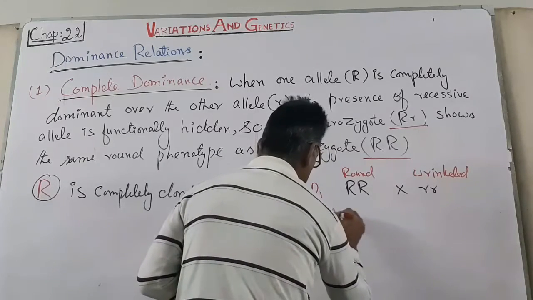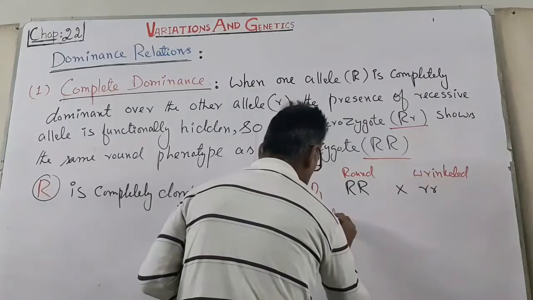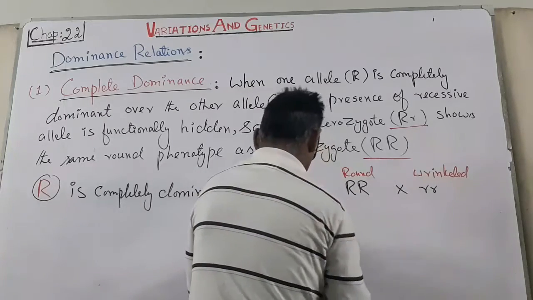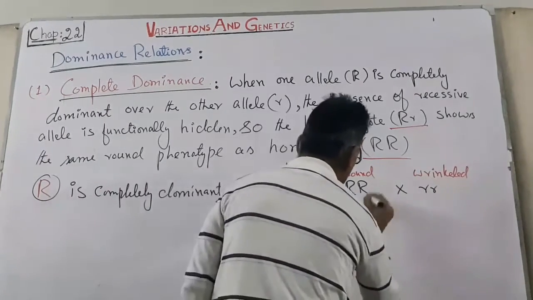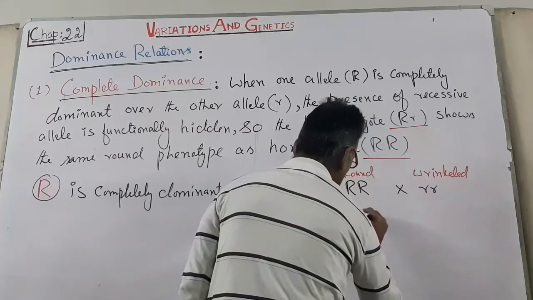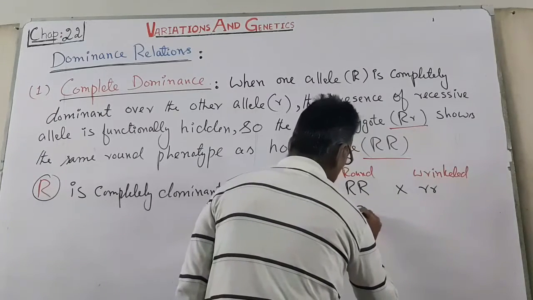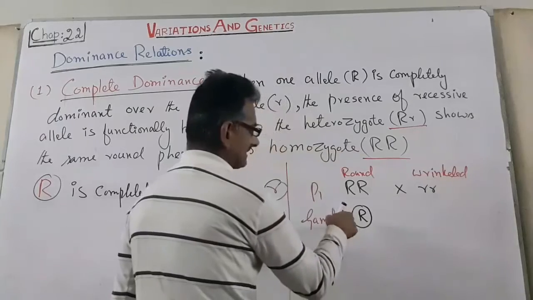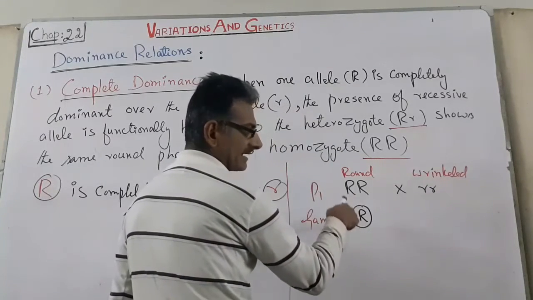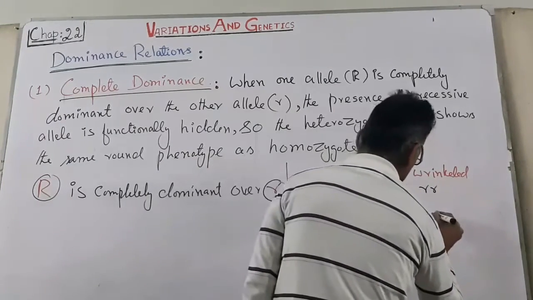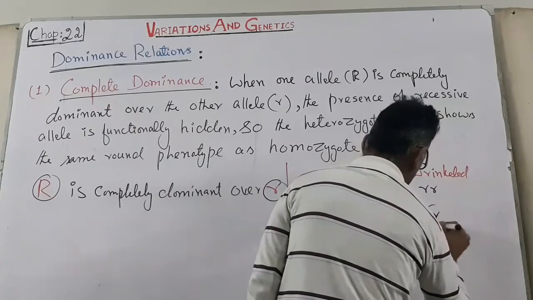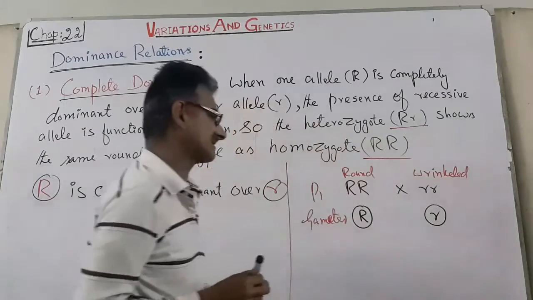When gametes are formed, the same type of gametes are formed because the plant is homozygous, and these gametes contain capital R and the female gametes contain the small r allele.